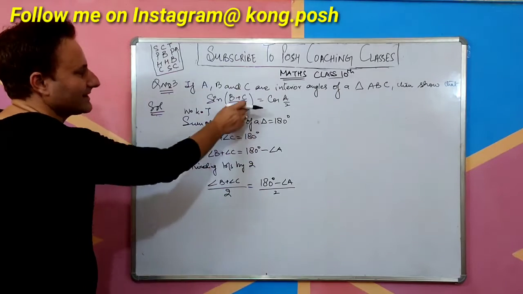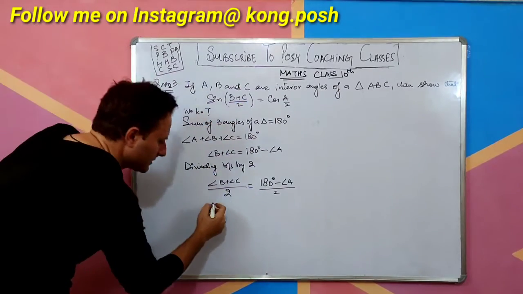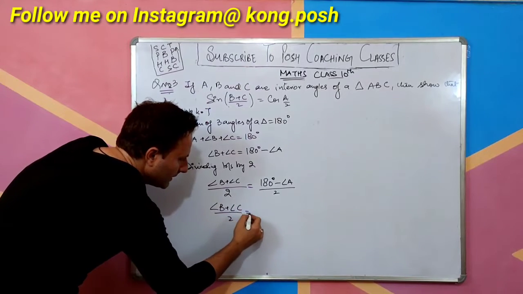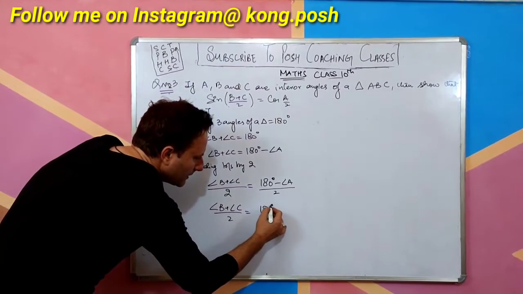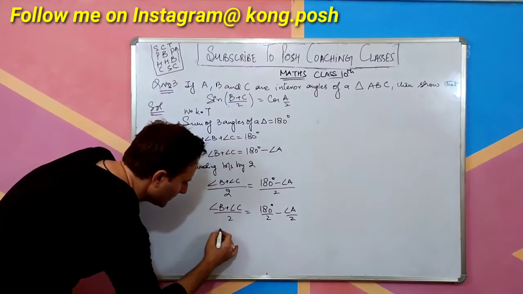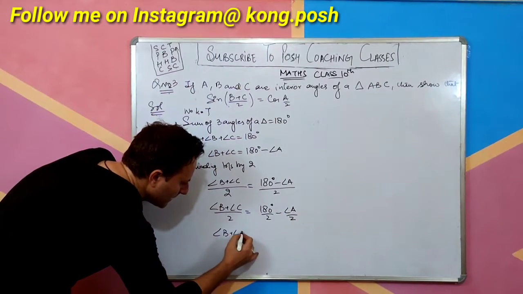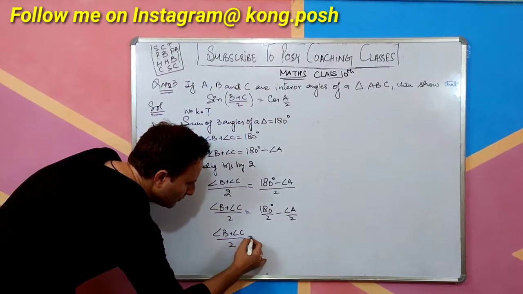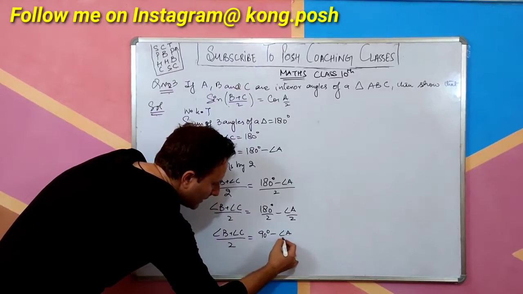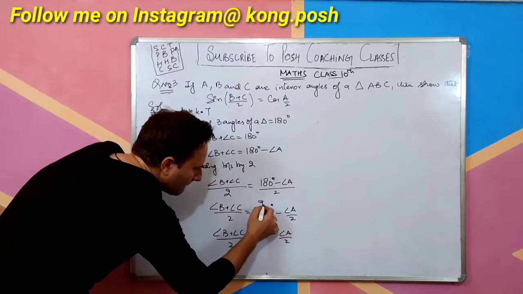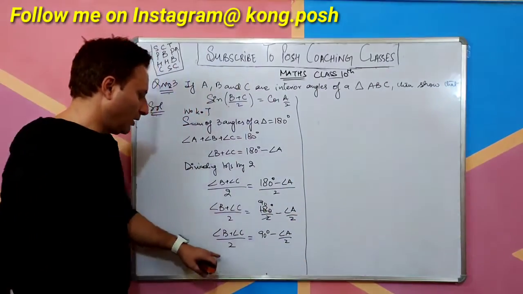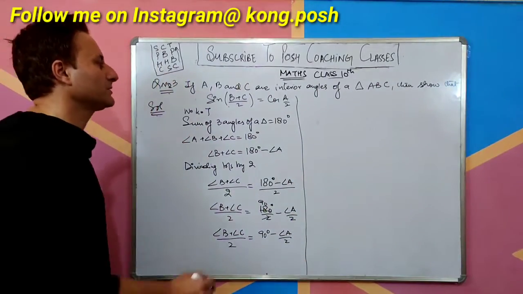Now this thing is exactly what I require, so I'll keep it the same way, and this can be written as angle B plus angle C upon 2 equals 90 degrees minus angle A upon 2. Right? Now, what is missing? There is a sine missing.